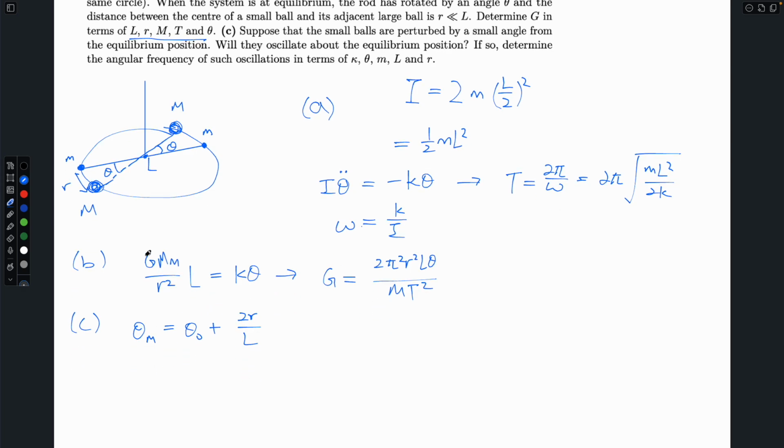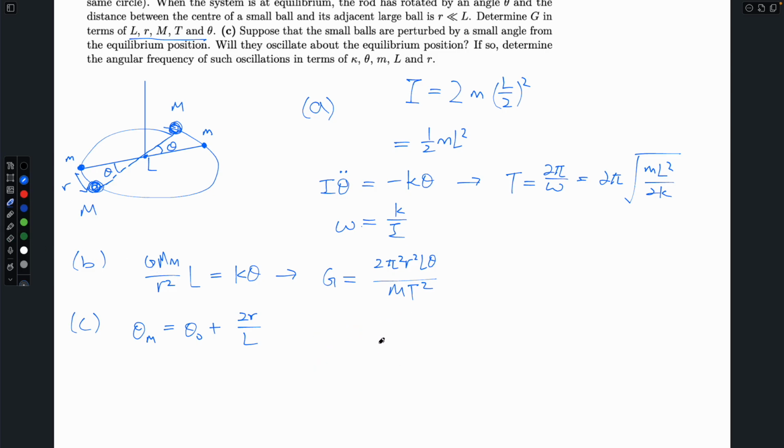Theta m is the angular position of the balls measured with respect to this line. So the rotation of this, this is theta m. It's the full actual rotation. And at any point in time, it can be described as the equilibrium rotated angle plus the extra displaced angle, which is r over L over 2, which is how it becomes 2r over L.